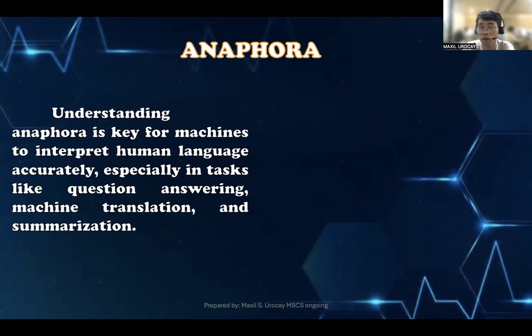Like John earlier: if you repeat John, that is already redundant in our sentences. So it helps connect ideas and maintain clarity in our conversations or written discourse.